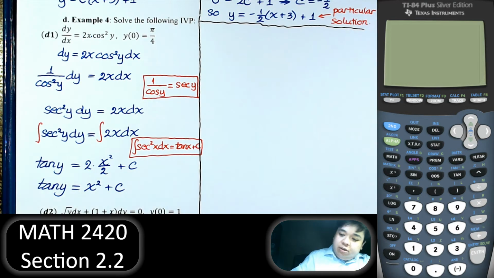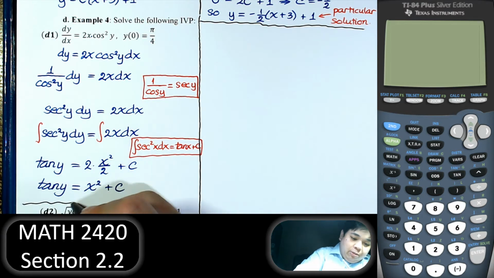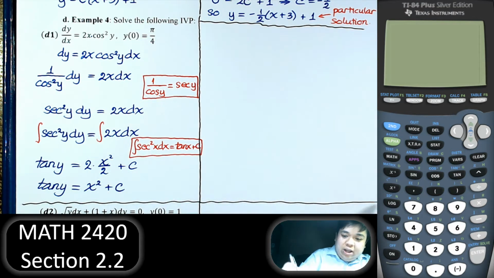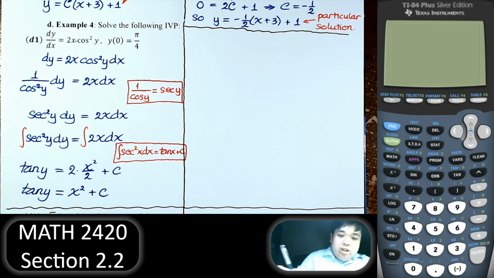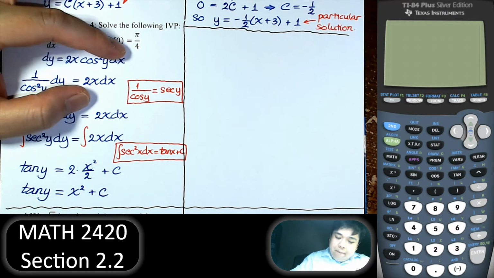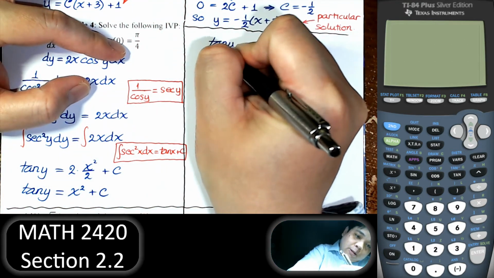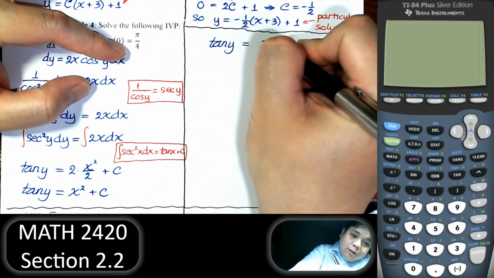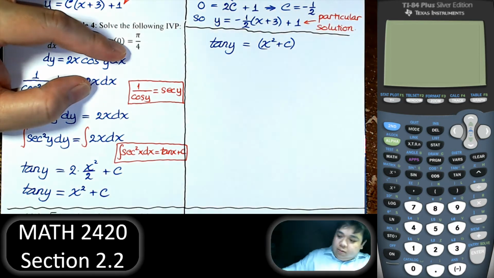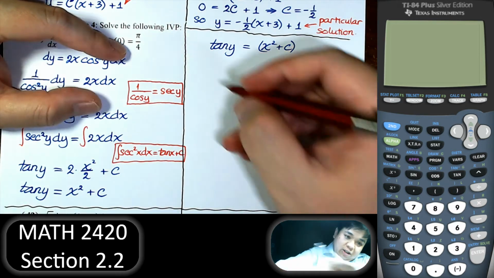So we continue. Hopefully, there's all the space we need. Right, so we continue. To get rid of the tangent, we take the tangent inverse on both sides. So we apply the tangent inverse on both sides.